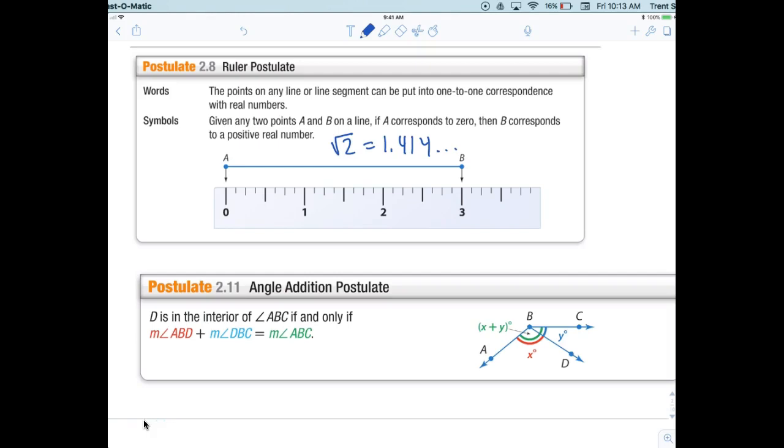Just like if I did a square that's 1 by 1 by 1 by 1, and I draw the diagonal. That diagonal is exactly what? The square root of 2. That diagonal is exactly the square root of 2, because we know the Pythagorean Theorem is a squared plus b squared equals c squared.